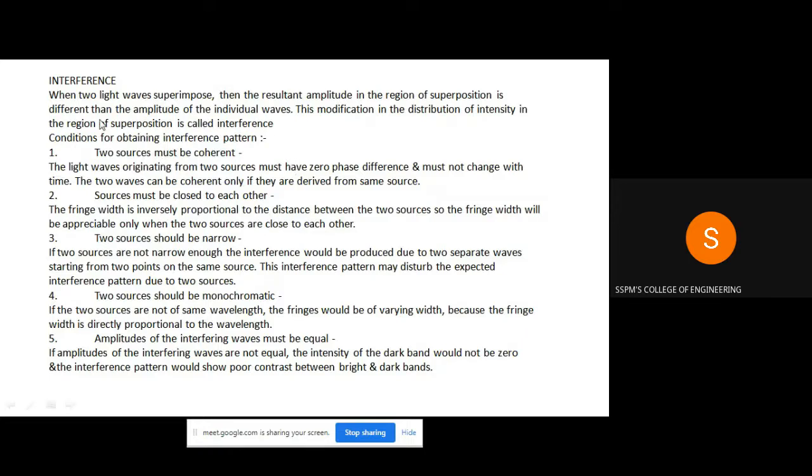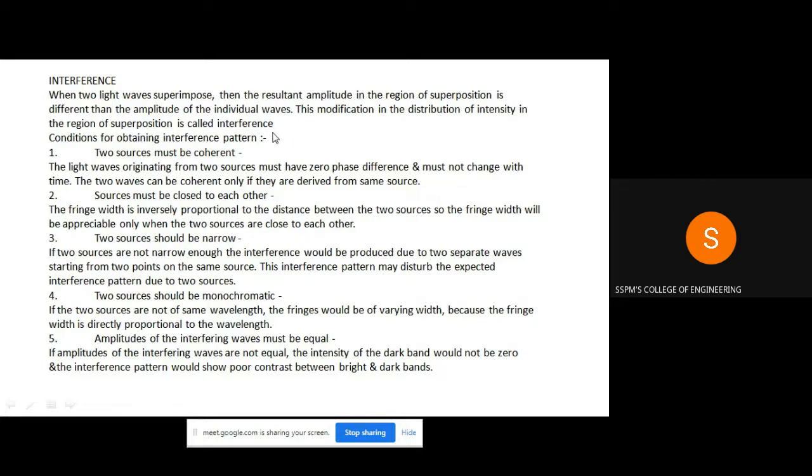As per the definition, when two light waves superimpose, the resultant amplitude in the region of superposition is different from the amplitude of the individual waves. This modification in the distribution of intensity in the region of superposition is called interference.